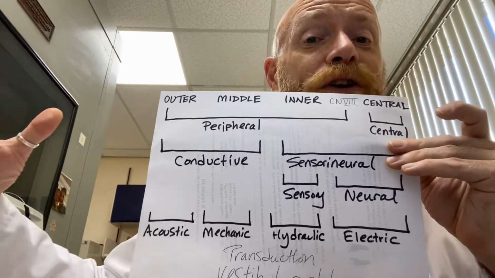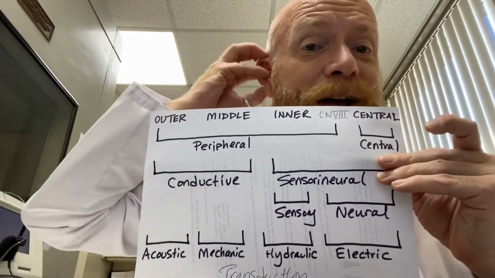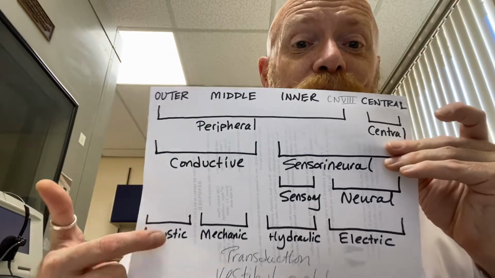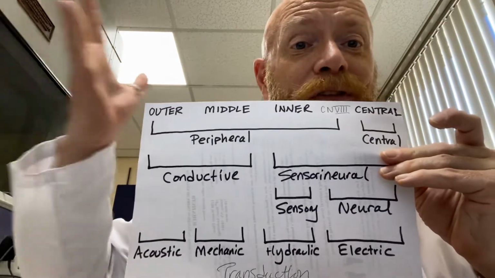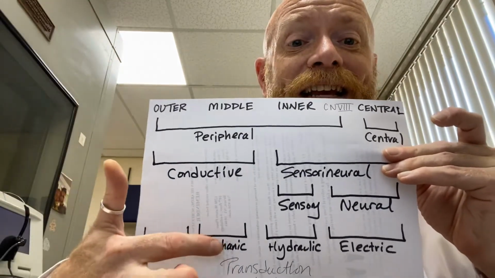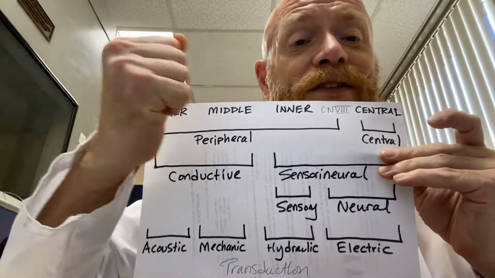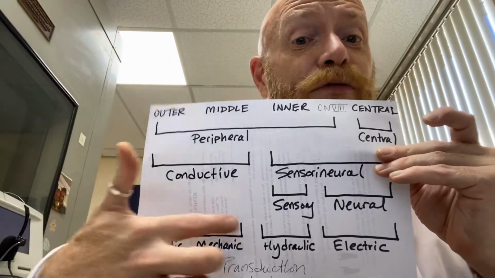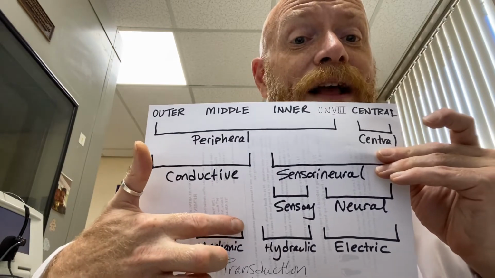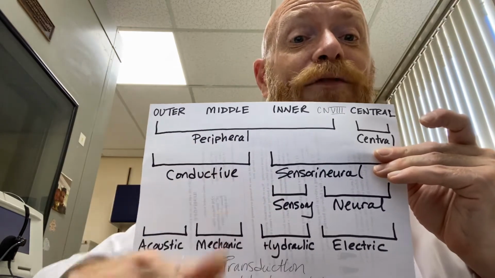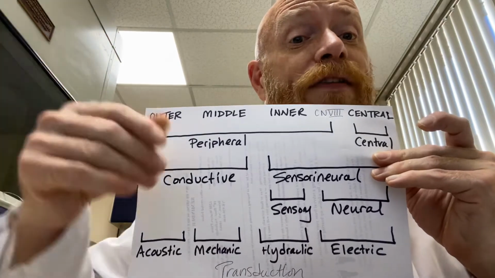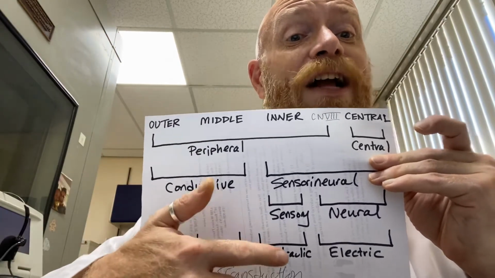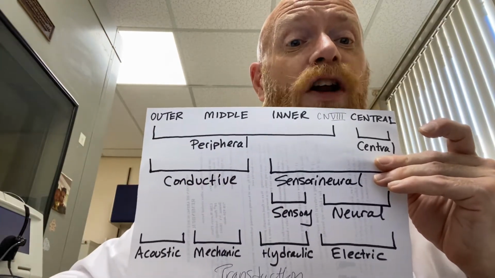So auditory information comes into the pinna via acoustic energy, air molecules bouncing back and forth, hitting the eardrum, where the eardrum starts to vibrate, or it becomes mechanical energy. We are through the conductive hearing mechanism. The stapes foot plate sends the fluids of the cochlea and the membranes of the cochlea into vibration, which is where it becomes hydraulic energy.